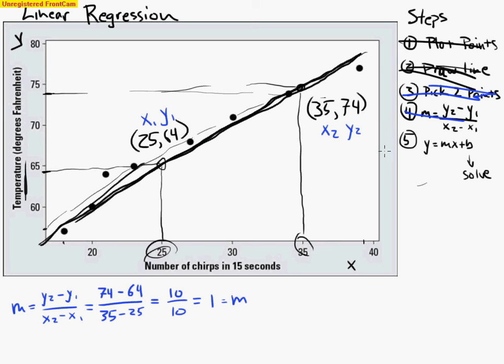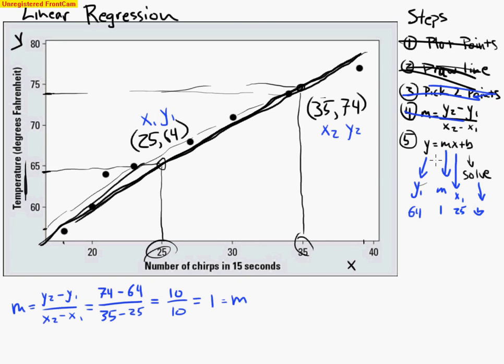Now the hard part, number 5. I need to take a y. I'm going to use y1. What is y1? 64. I'm going to use my m. What was my m? Oh yeah, it was 1. I'm going to use my x1. What was that? 25. And I'm going to solve for my b.